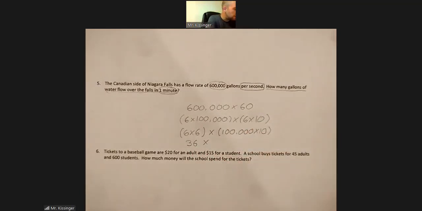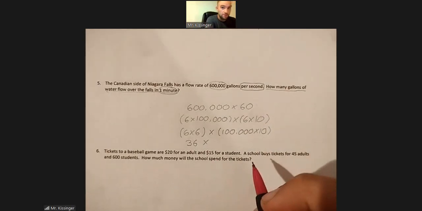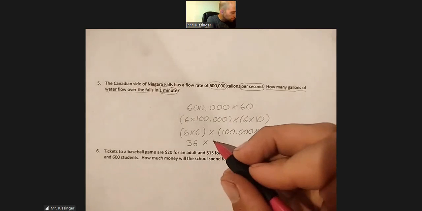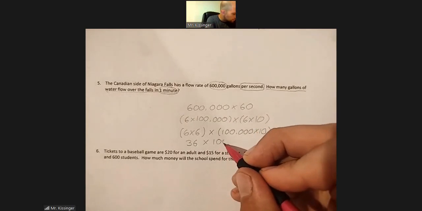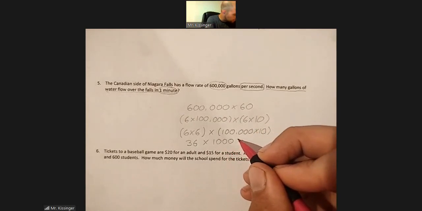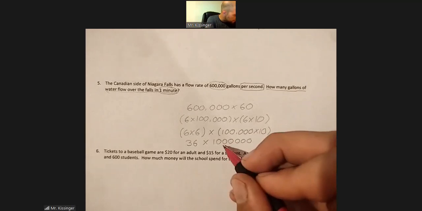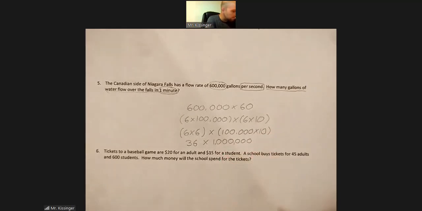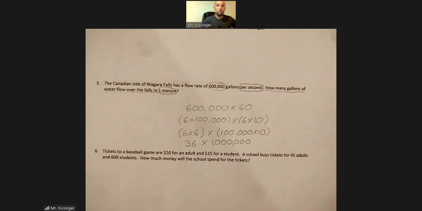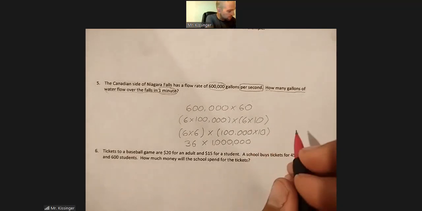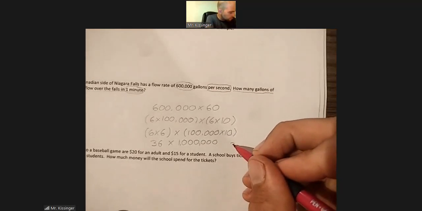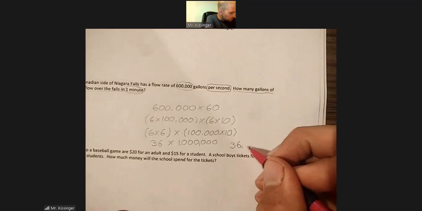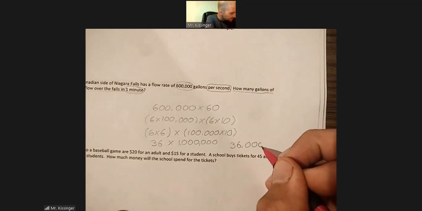And we're multiplying by 100,000 times 10. We're multiplying by 10. We'll add a 0. It gives us 6 zeros altogether. A 1 followed by 6 zeros is 1 million. We're left with 36 times 1 million, or 36 millions. Our final answer will be 36 million. 36 followed by 6 zeros.